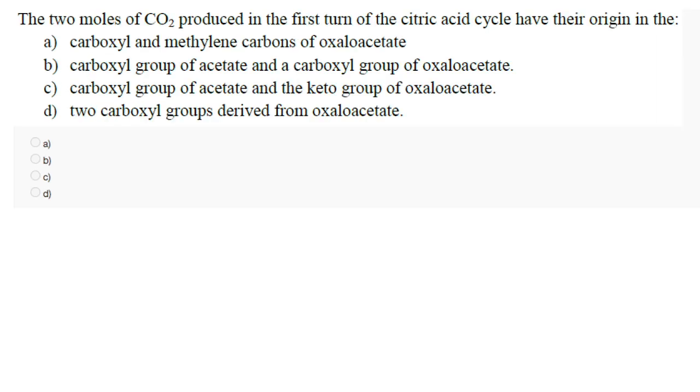Okay, the 2 moles of CO2 produced in the first turn of the citric acid cycle have their origin in the carboxylic and methylene carbons of oxaloacetate, the carboxyl group of acetate and the carboxyl group of oxaloacetate, the carboxyl group of acetate and the keto group of oxaloacetate, or two carboxyl groups derived from oxaloacetate.